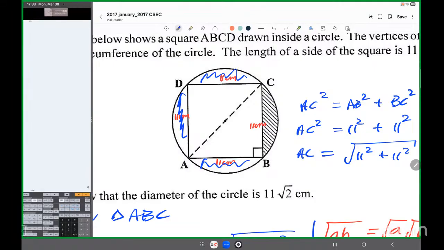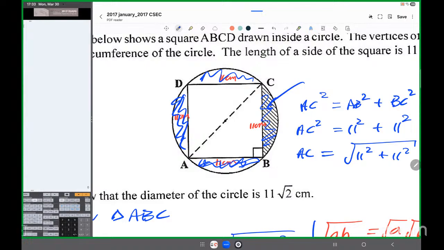Then divided by 4. When I subtract the area of the square from the area of the circle, I'm getting all of the area around here. If I take the whole area of the circle and subtract the square, I'll have all of this area, and we only want one of the 4 pieces.